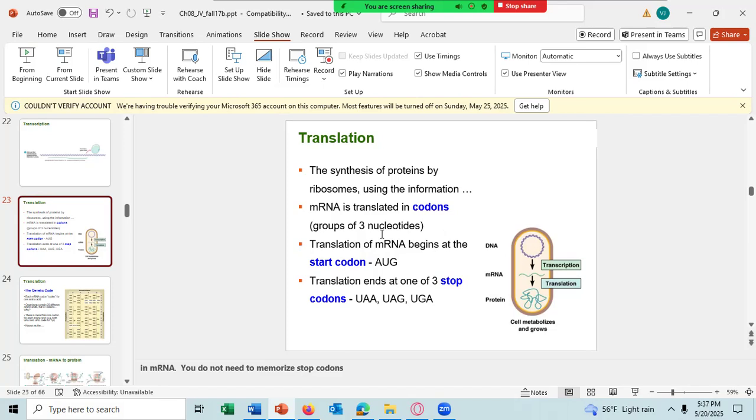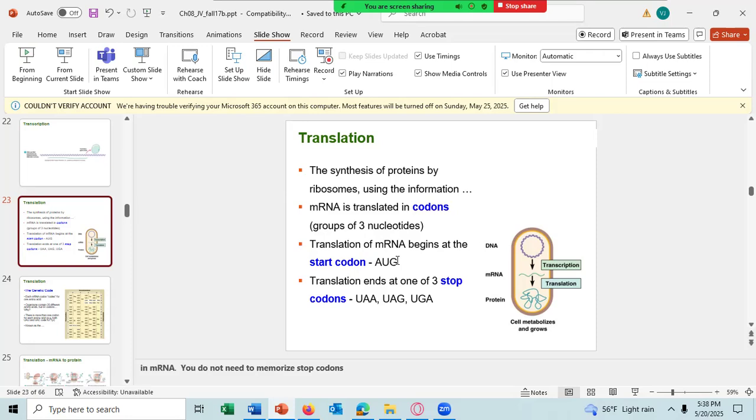Surprisingly, protein translation does not begin at the start of the messenger RNA. The ribosome will bind to the messenger RNA and will run down it, kind of reading it, but it will not begin protein translation until the messenger RNA codes for the start codon, which is always AUG.